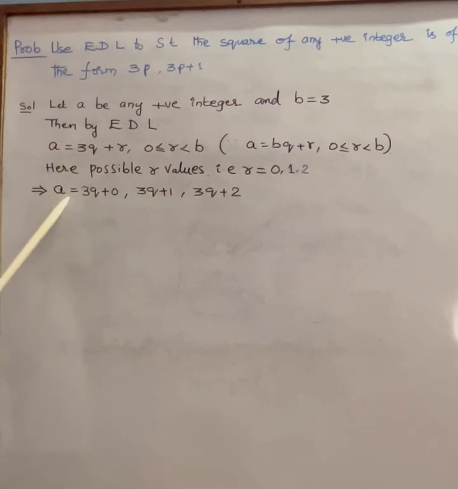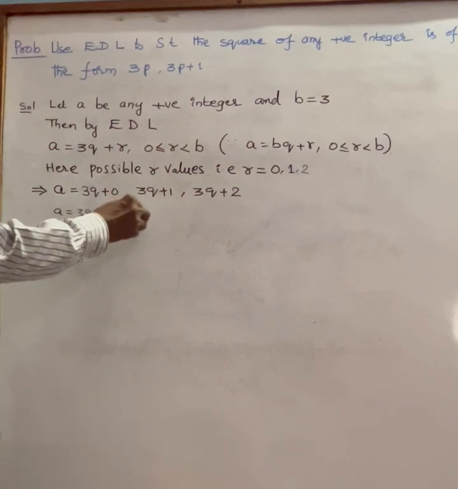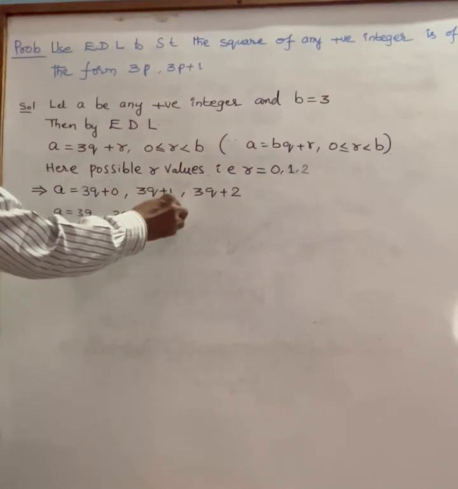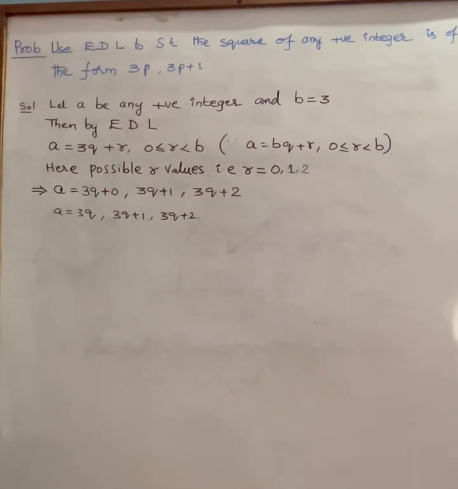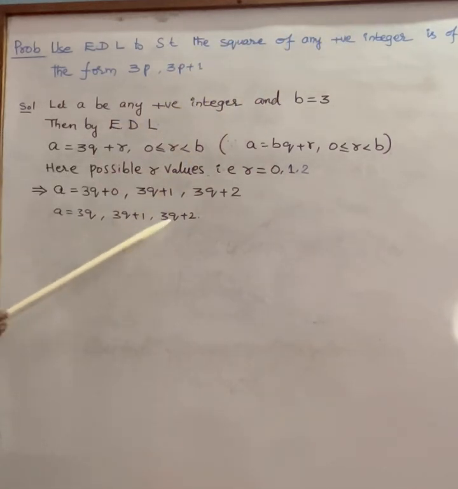We got positive integers as 3q, 3q plus 1, 3q plus 2. Here we have to prove the square of these positive integers. These are the positive integers.